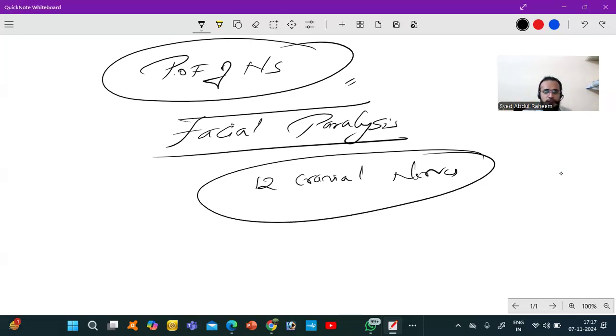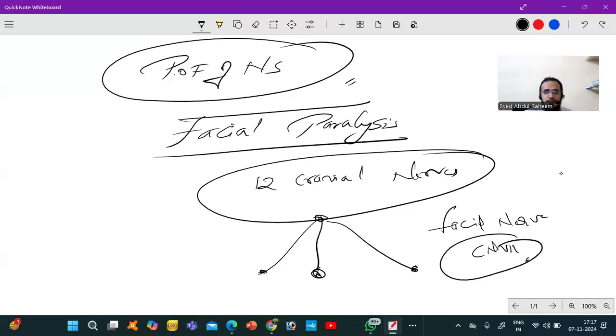Okay, in that every nerve has a special function, special area, and special place where it exits from the brain. So we have the facial nerve. The facial nerve is the seventh cranial nerve. Okay, this is cranial nerve number seven.